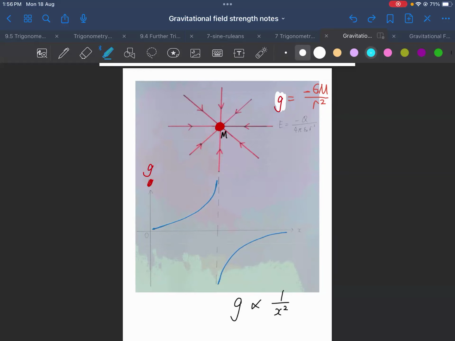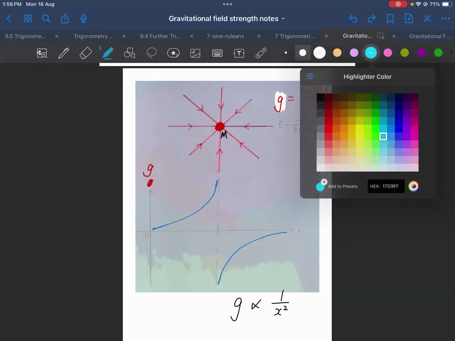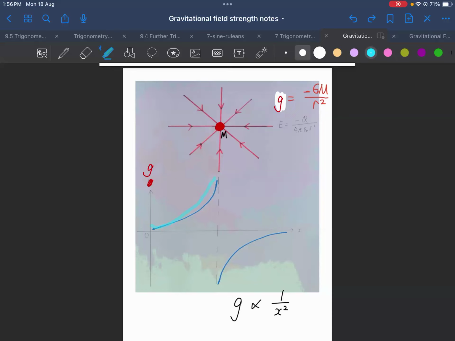Okay. So let's look at this. We want students to produce this graph, the graph below here. Have a look. First and foremost, when you are so close to the mass, obviously your value is super big.